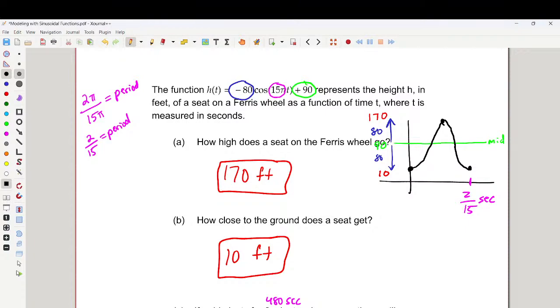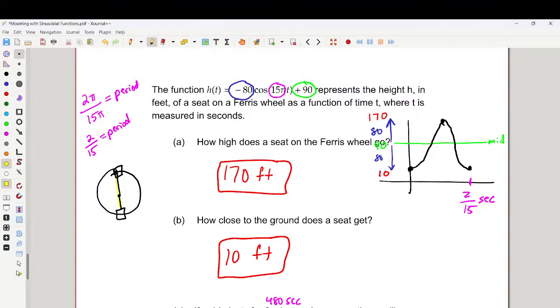What do you think the radius of this Ferris wheel is? Now, there's its graph. This length right here is called the diameter, and half of it would be the radius.